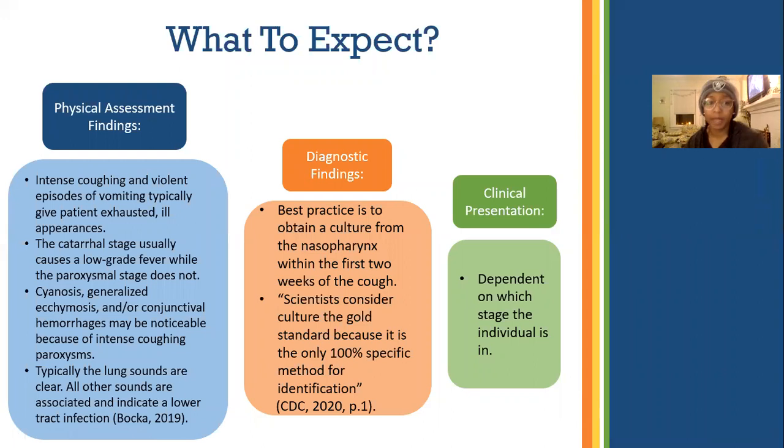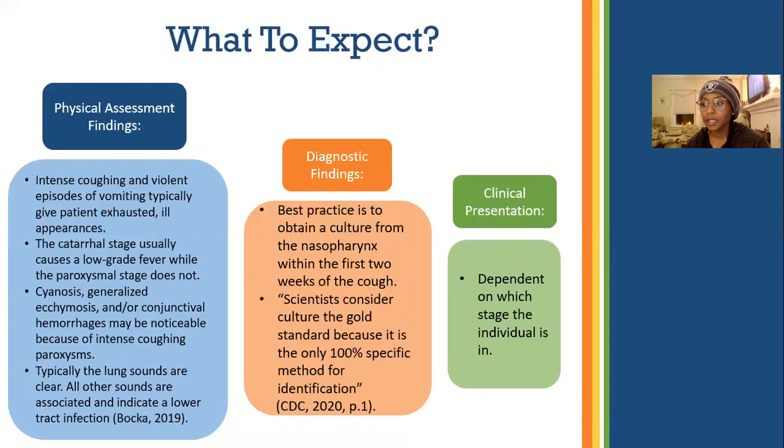What to expect? For parents or individuals that may think they have it, or for clinicians, this part is pretty important: the physical assessment findings. Your patient is going to be coughing quite a bit, and that depends on what stage they're in. If they're in stage 2, the paroxysmal stage, they'll be coughing.